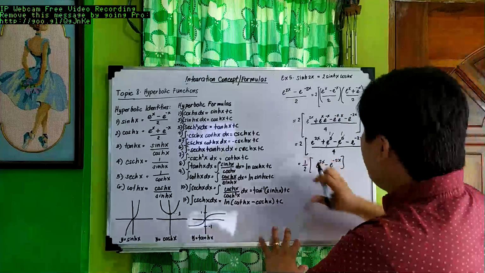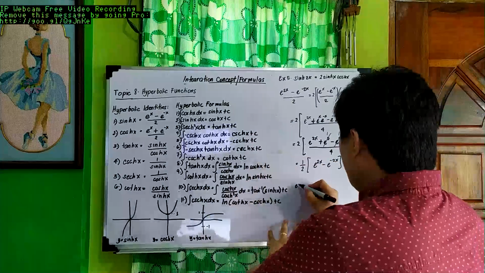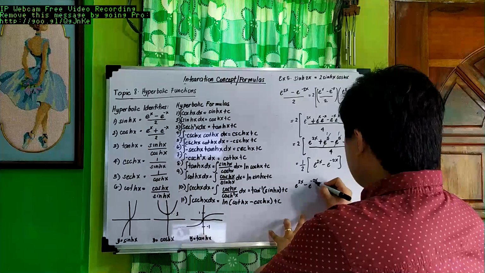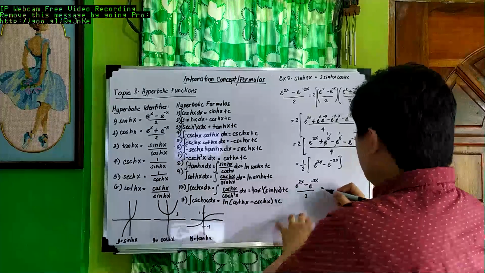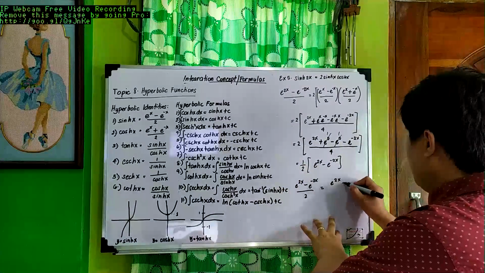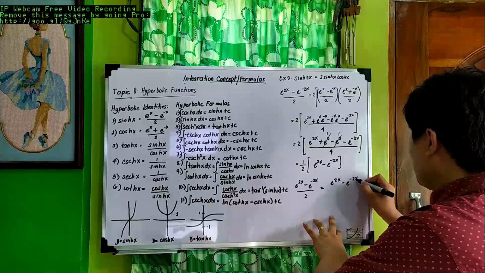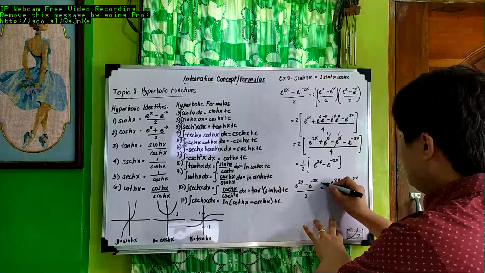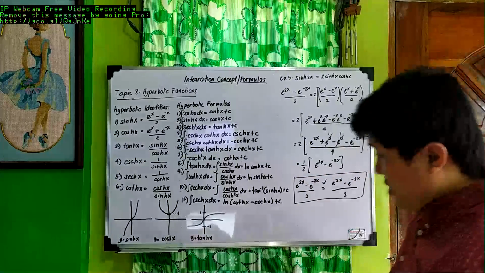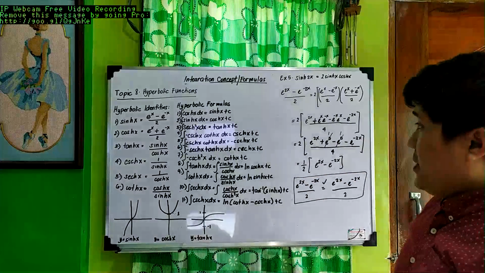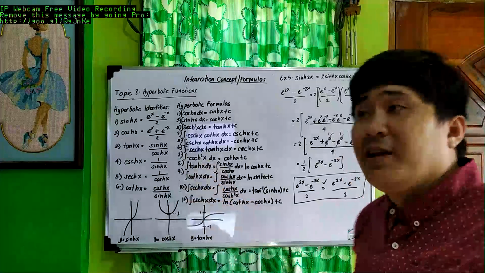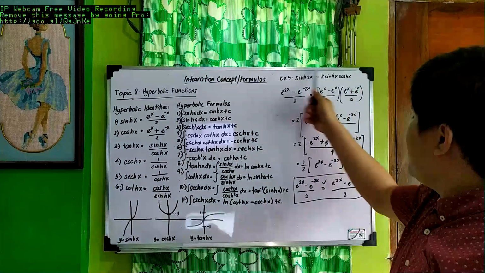So we could prove that this one, e raised to the power of 2x minus e raised to the power of negative 2x over 2, is equal to e raised to the power of 2x minus e raised to the power of negative 2x over 2. Right? So, there are times that the benefit of knowing the identities is very advantageous, like this equation.